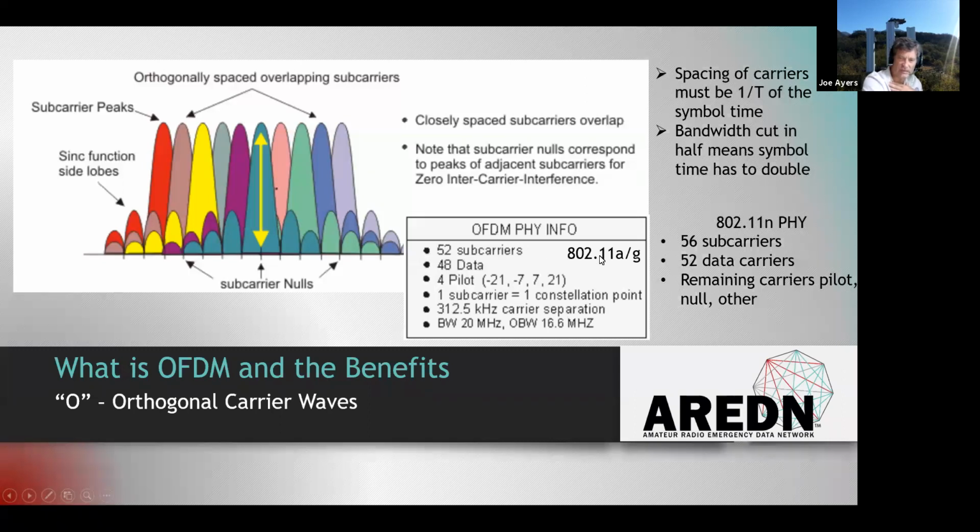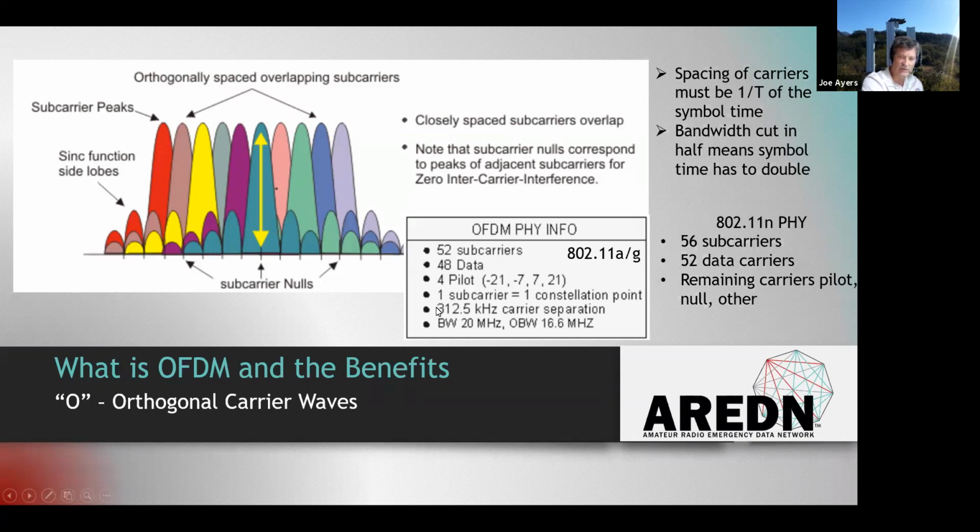If you look here at 802.11a/g, this would be your Linksys devices that are only doing 802.11a or g. One of those is the 5 gigahertz specification, the other is the 2.4 gigahertz specification. There are 52 subcarriers, of which 48 carry data. There are 4 pilot subcarriers, but there's a total of 64.